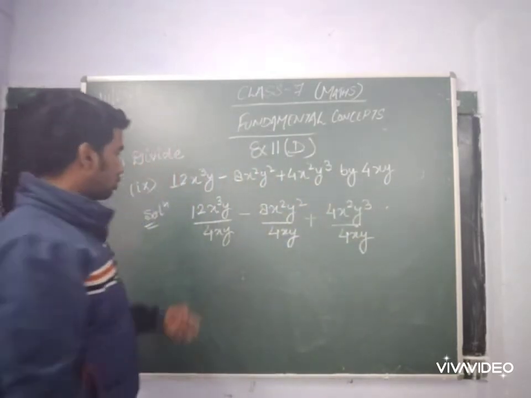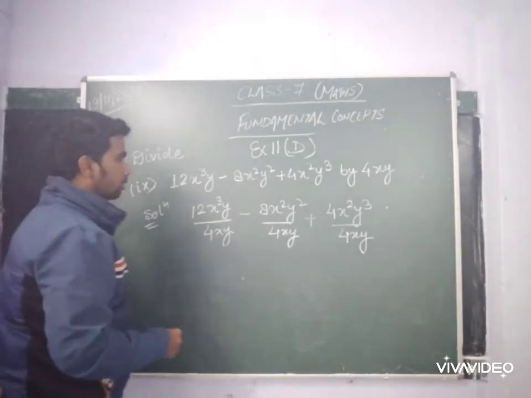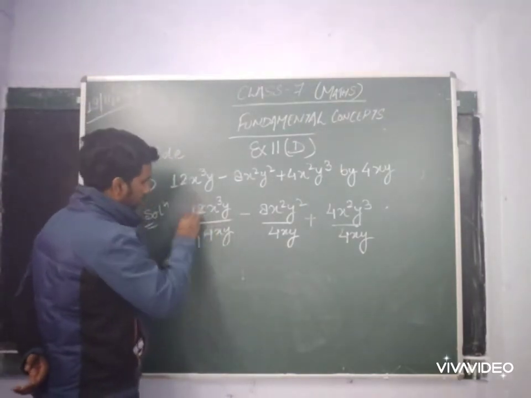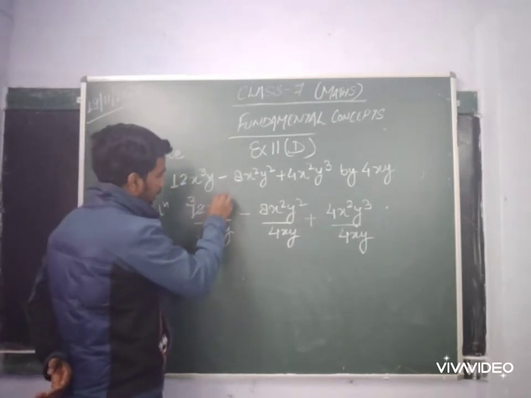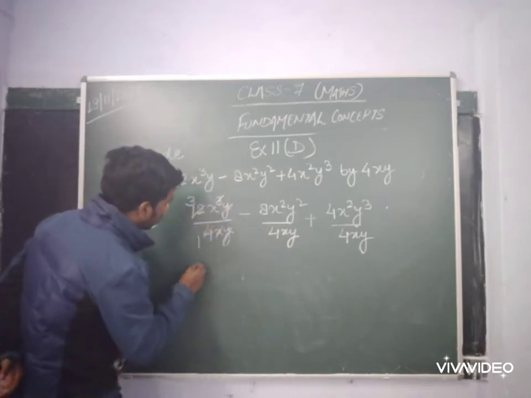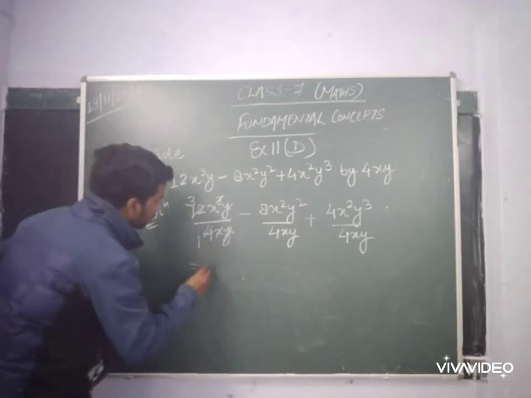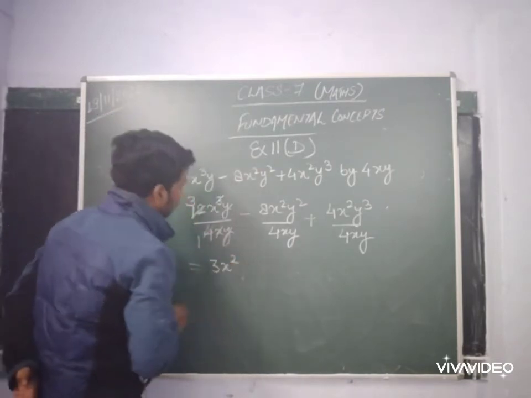Okay, so I have separated this. Clear? Now it will be easier for us to solve. So 4 ones are 4, 4 threes are 12. Clear? X will be cancelled from here and 1x will be cancelled, y and y will be cancelled. So we will write what we have got from this part, that is 3x square.